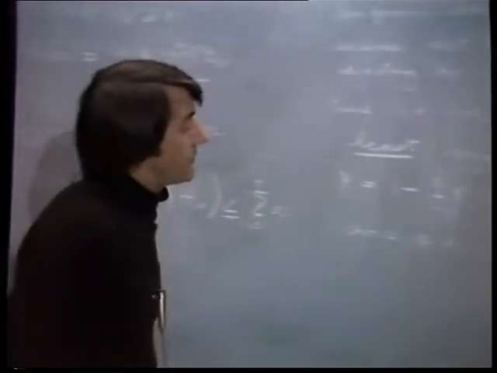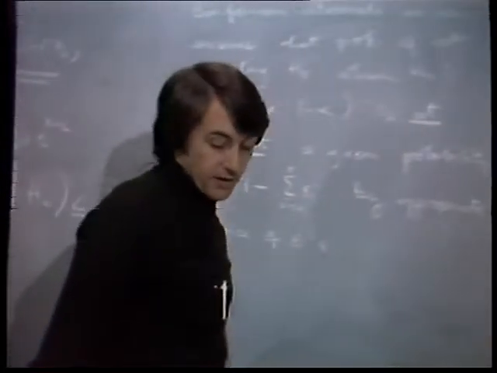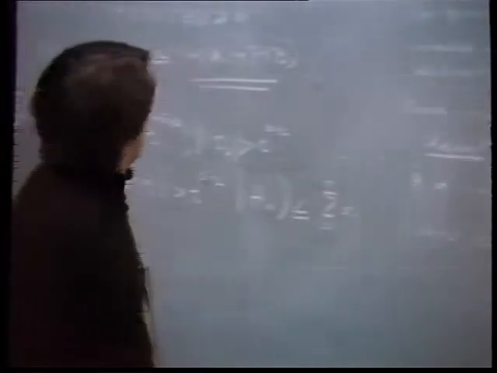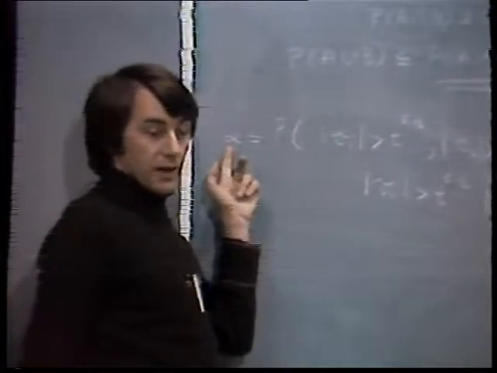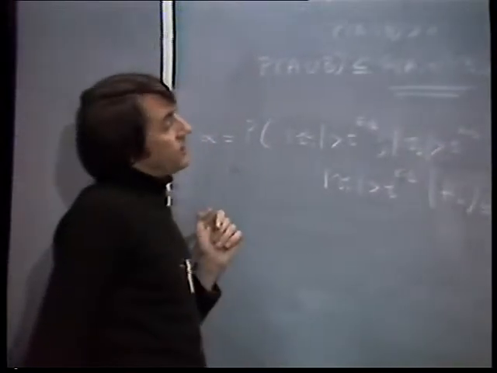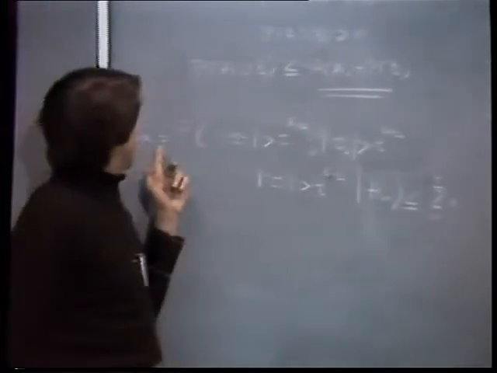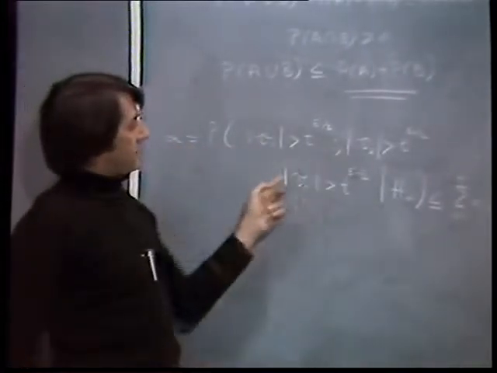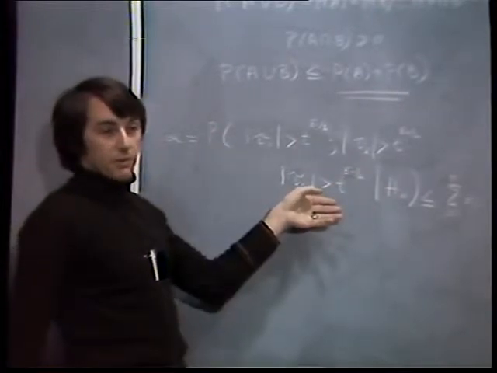And so the Bonferroni confidence intervals are in general larger than we would get if we were able to evaluate this probability alpha directly. And the reason for doing the Bonferroni intervals is that in general, when these test statistics are not independent, the calculation of this probability can be quite complicated.